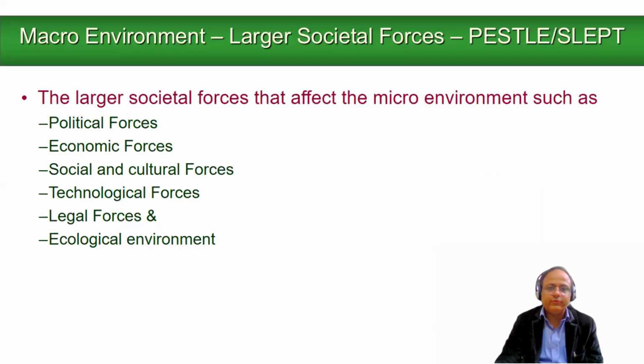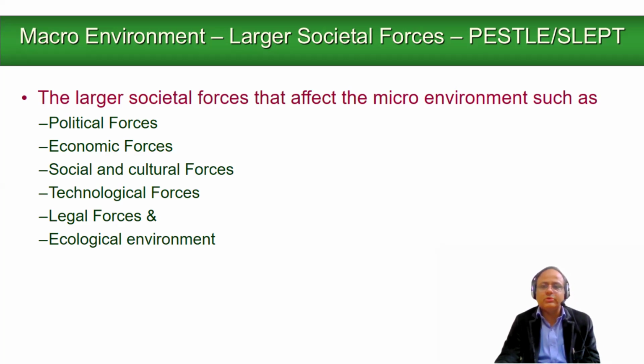These are larger societal forces that affect the company's environment, and PESTEL is an acronym for it. P stands for political forces, E stands for economic forces, S stands for socio and cultural forces, T stands for technological forces, L for legal forces, and E for ecological environment.